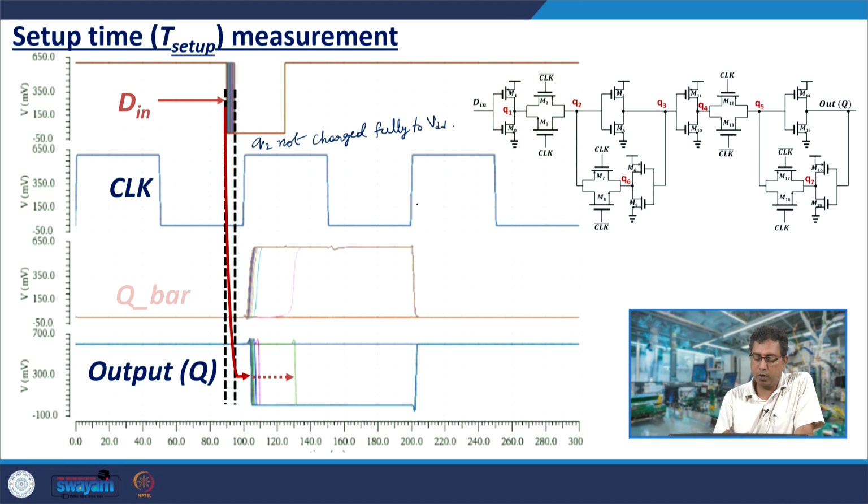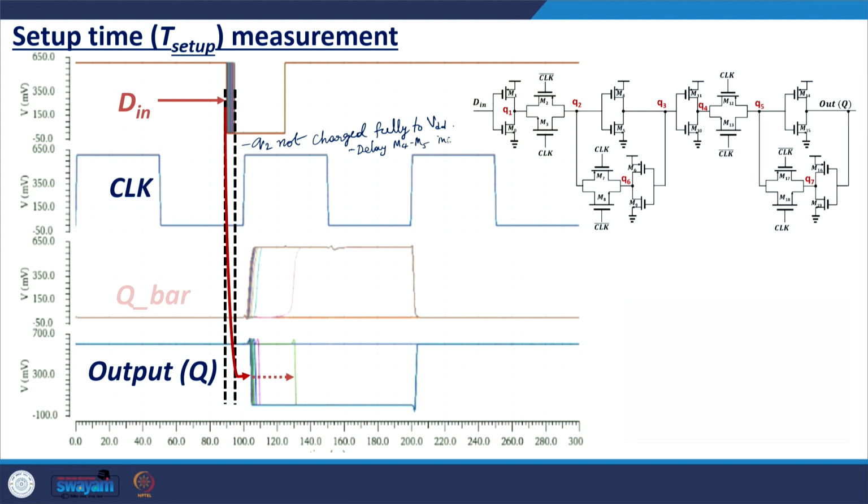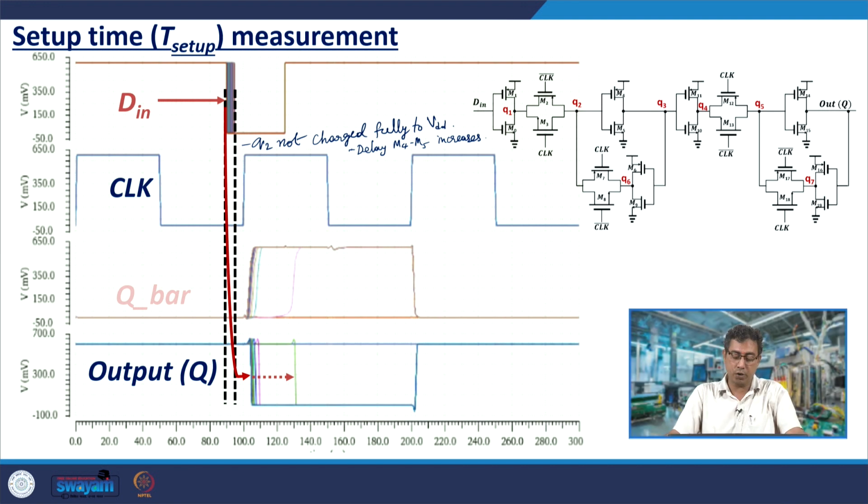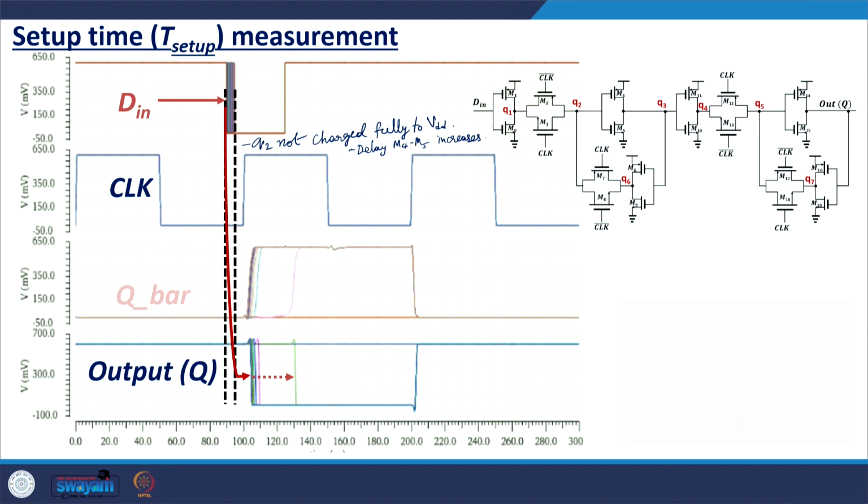That increase in delay of M4, M5 is again causing the value of Q5 not to be sufficiently discharged to 0 when clock turns high. So, Q3 is charging slowly, and Q5 is discharging slowly. That increases the delay of output Q.